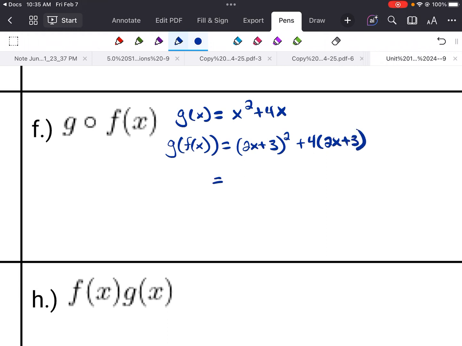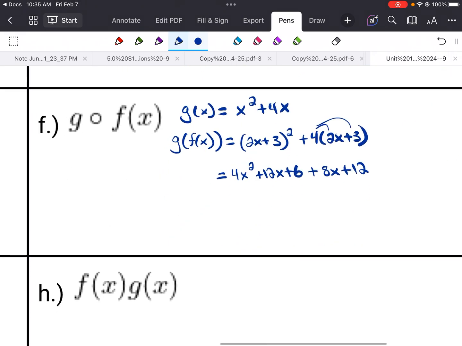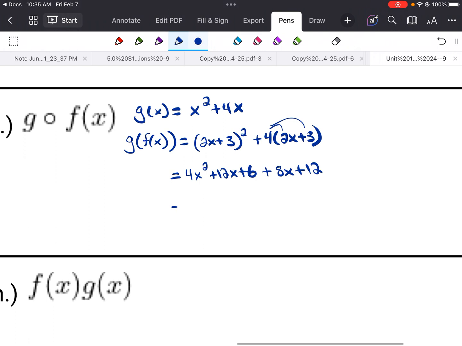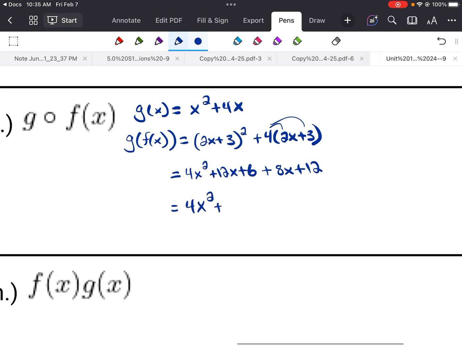We're going to FOIL that first one because it's the brackets squared, and when we FOIL that, we'll get 4x squared plus 12x plus 6, and we will distribute the second part, 8x plus 12, and then we collect like terms. So we have 4x squared, 12 plus 8 is 20x, 6 plus 12 is 18.